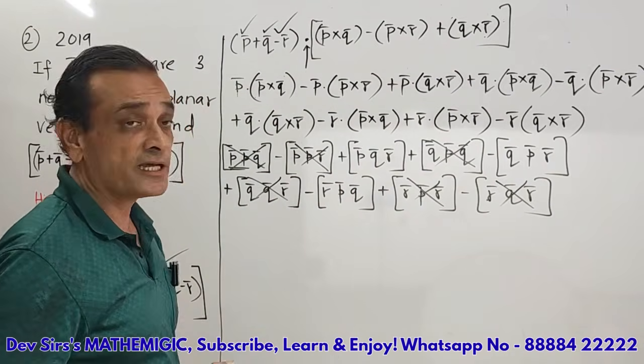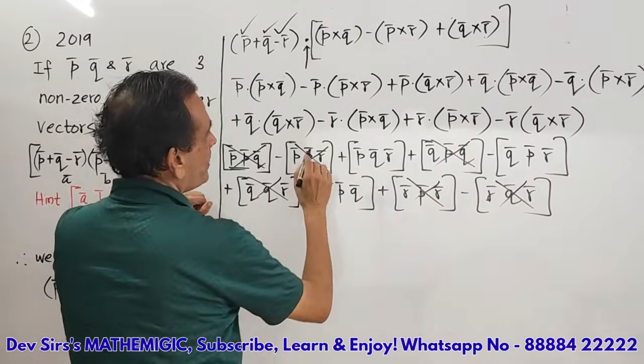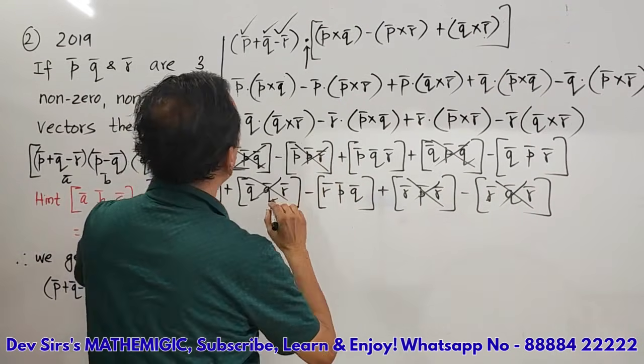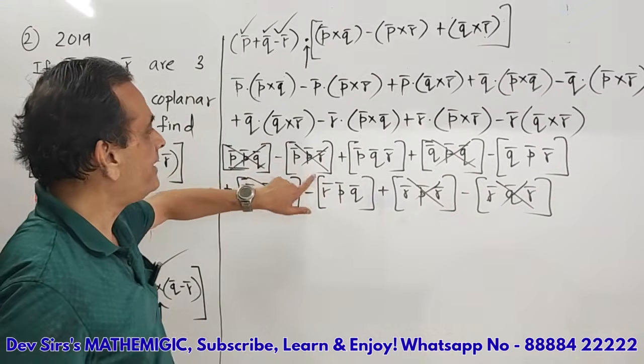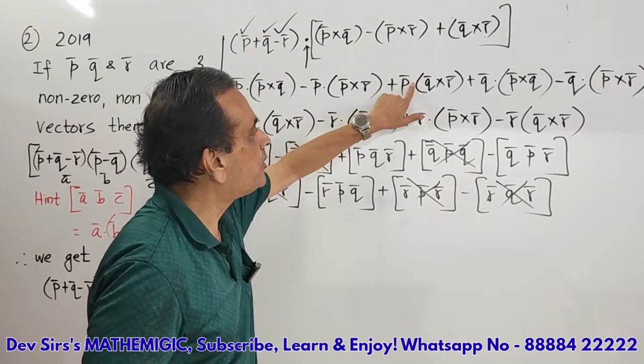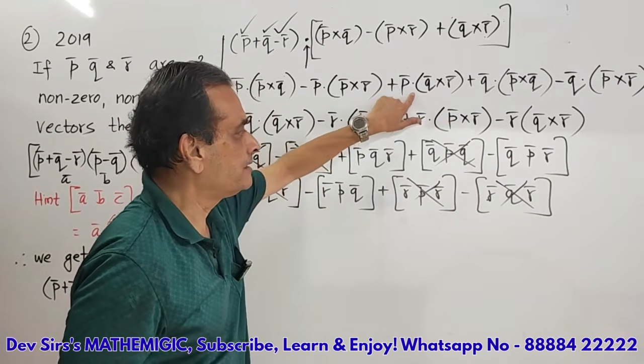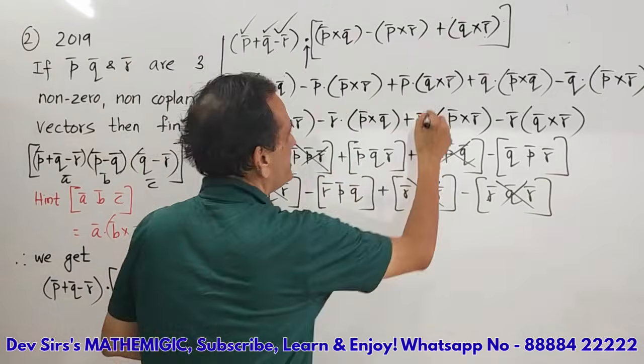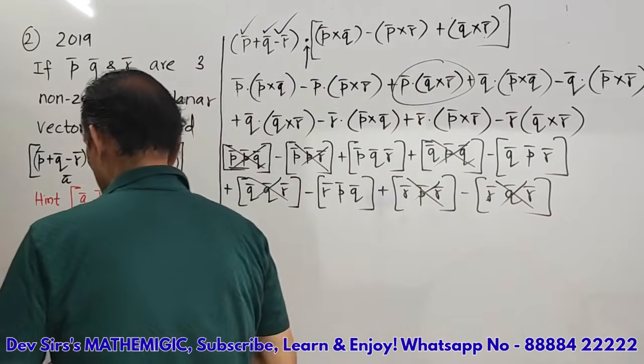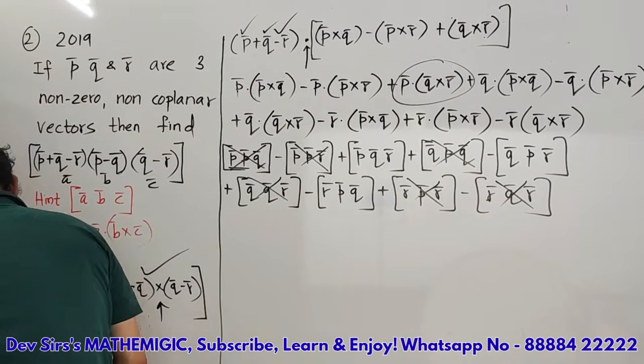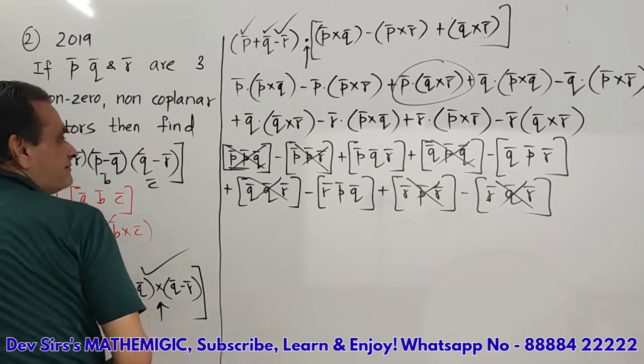तो अभी यहां से क्या बचा है देखो. ये neglect हो गया. P dot Q cross R remains. That is, this remains. So that remains means I will write it here now.